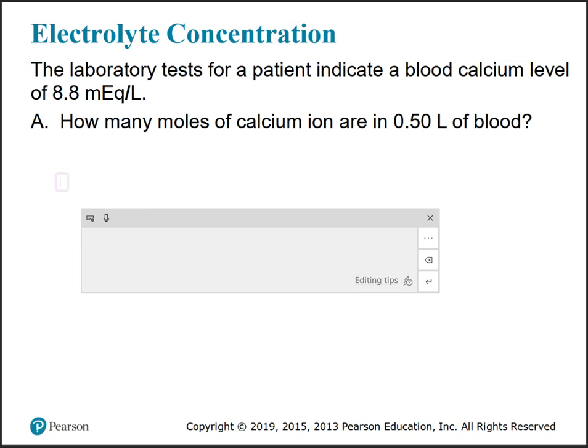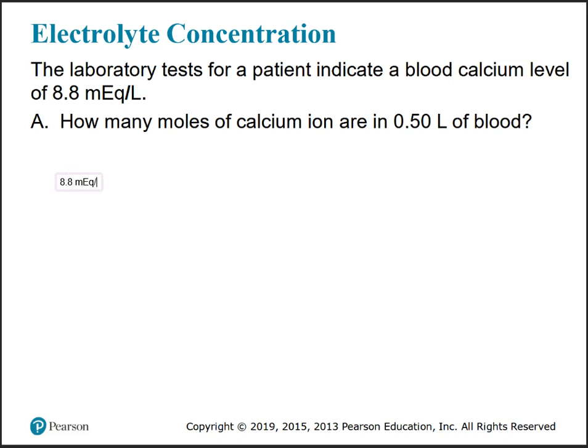So there are really 3 parts to this problem, okay? So if we rewrite the question, what we have is 8.8 milliequivalents per liter is equal to how many moles of calcium.